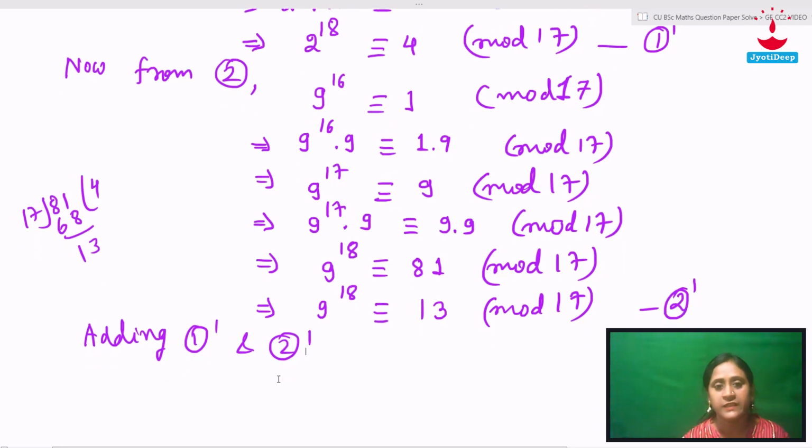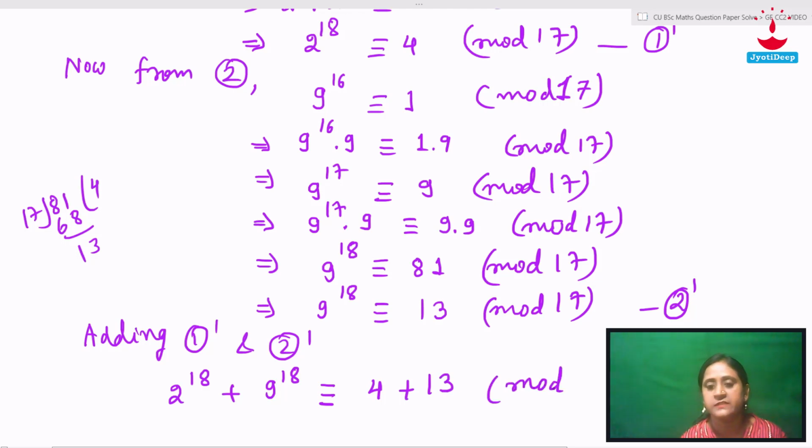What will we get? 2 to the power 18 plus 9 to the power 18 is congruent to 4 plus 13 under mod 17.